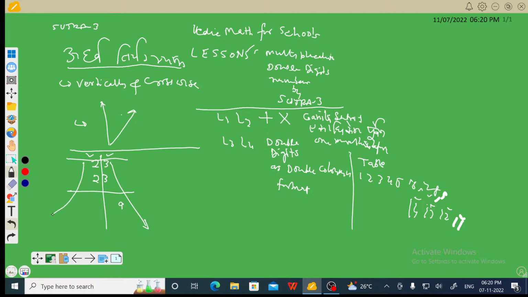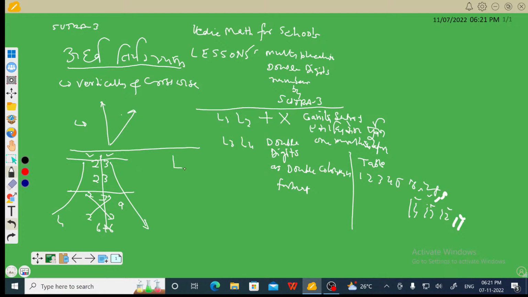Here also multiply the last digits, and then have a cross multiplication of 3 with 2 and 2 with 3 and write it as 6 plus 6. We will come to the efficacy of it, simplicity of it, convenience of it, and how wonderfully it is making multiplication the simplest form.